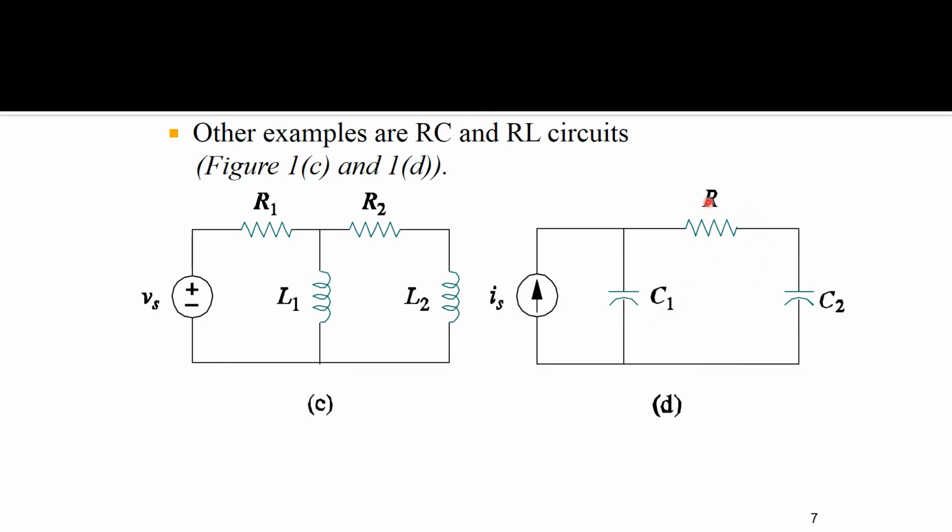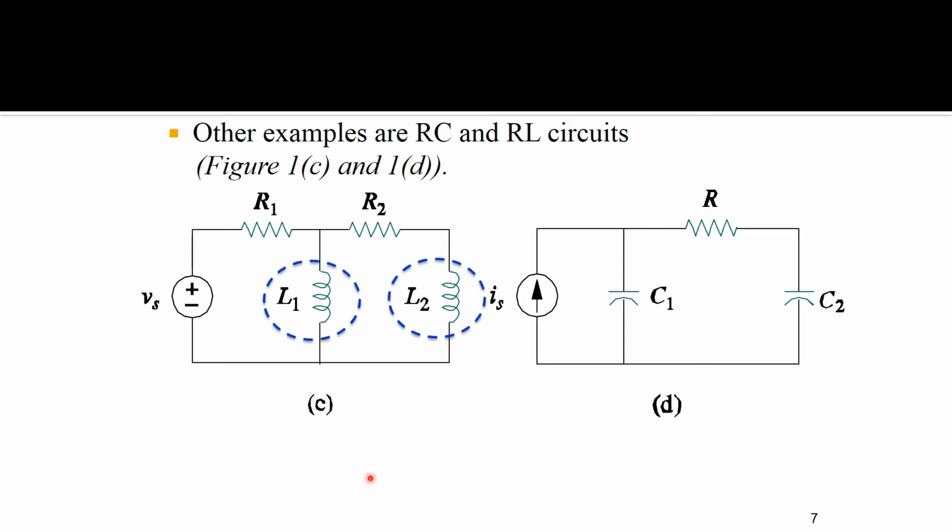The same goes for figure D. Although you have an RC circuit, since your energy storage elements appear two times, C1 and C2, the analysis of the circuit should be carried out with a second order differential equation. So whenever you see a circuit with two energy storage elements of the same type, like two inductors or two capacitors, it is still considered a second order circuit.